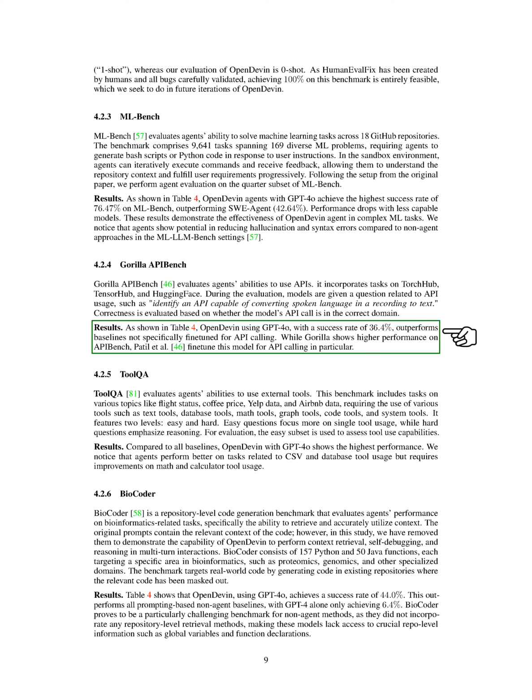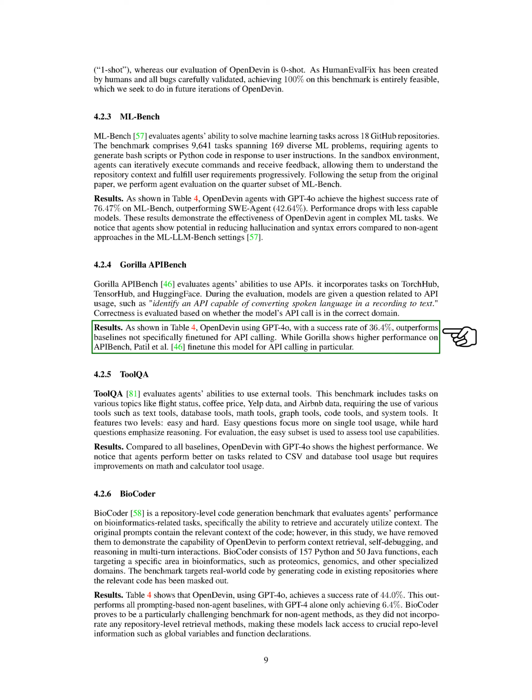Biocoder consists of 157 Python and 50 Java functions, each focused on specific areas in bioinformatics, such as proteomics and genomics. The benchmark aims to generate code in existing repositories where the relevant code has been masked.